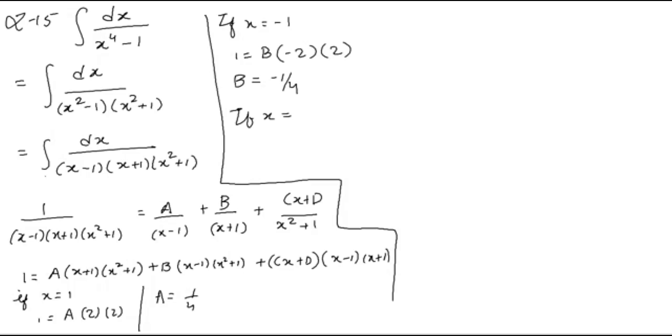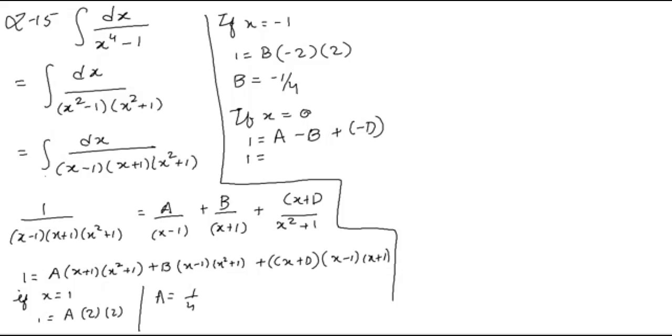If I keep x is equal to 0, then I will have a minus b plus d into this will be minus 1, and I will have minus b.